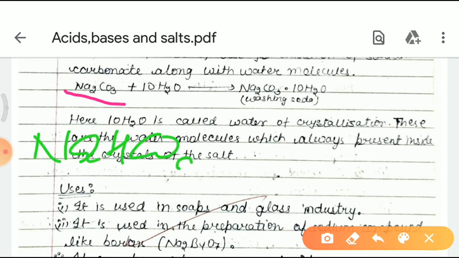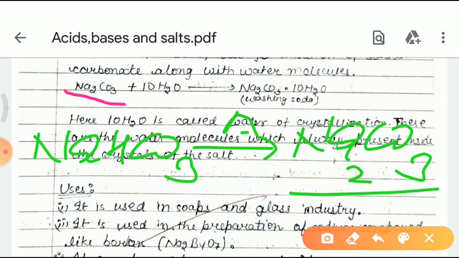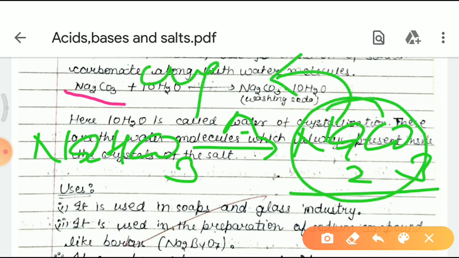Whenever we heat sodium bicarbonate, at that time Na2CO3 is formed, right? And whenever this Na2CO3 crystallizes, at that time washing soda is formed, right?